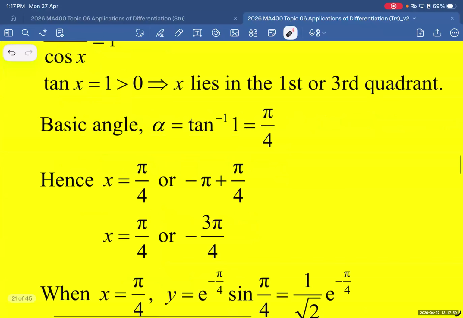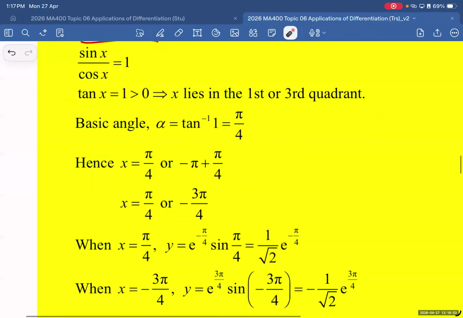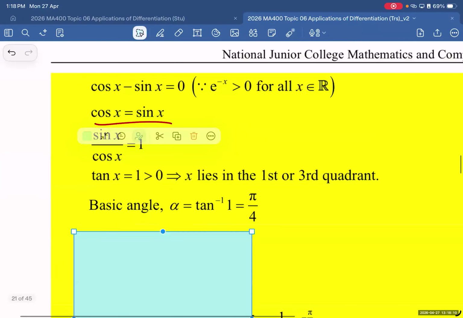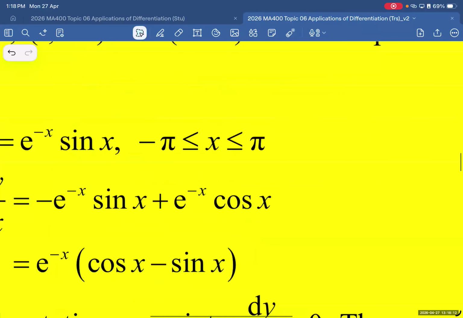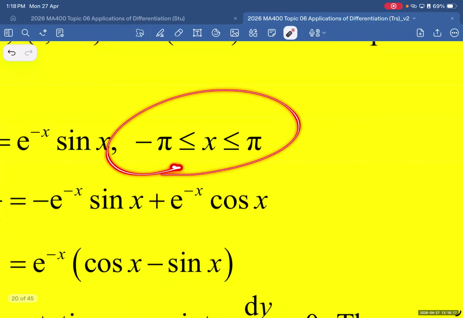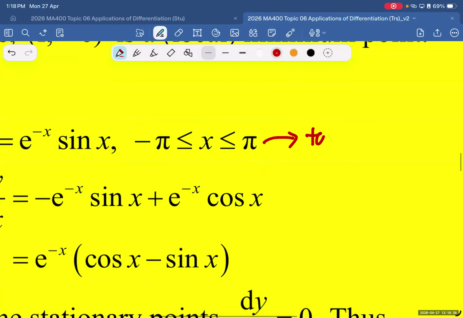Now, if you got two answers, you realize that because of the nature of the quadrant, the range is between negative pi and pi. So it's a trick, it's not easy. From here, get tangent x equals 1. Your alpha is pi over 4. Naturally, you write down the quadrant 1 and quadrant 3 answers. But this makes you reject your second one because it is out of range.